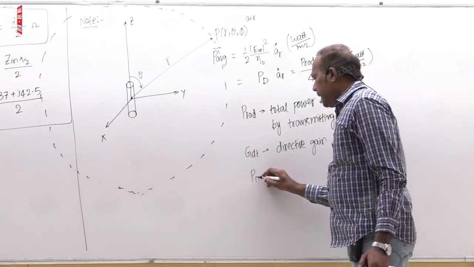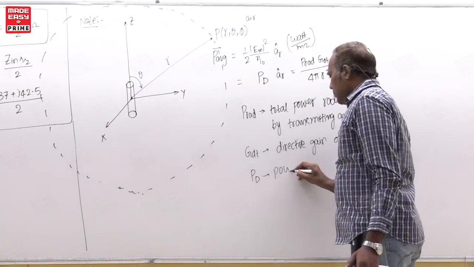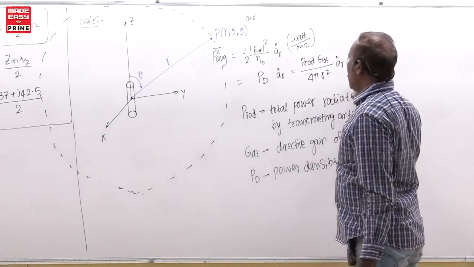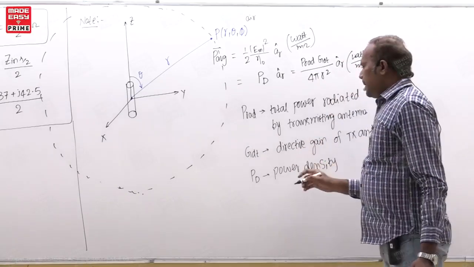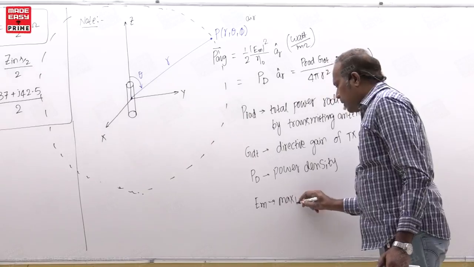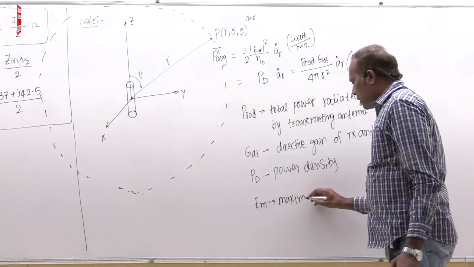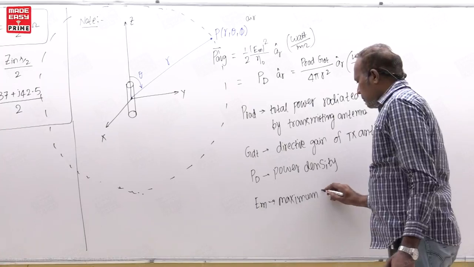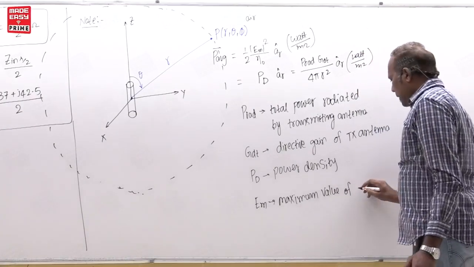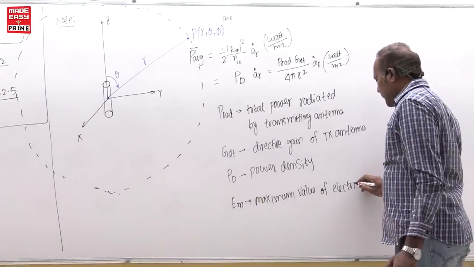Now here PD means power density. Next, EM is the maximum value of electric field, not RMS value, students.